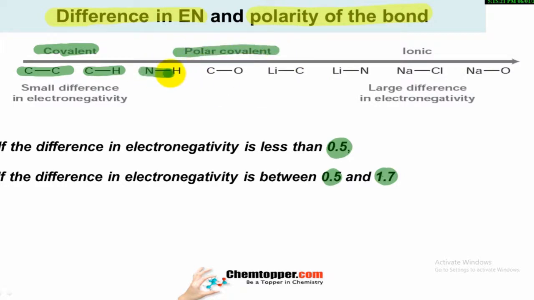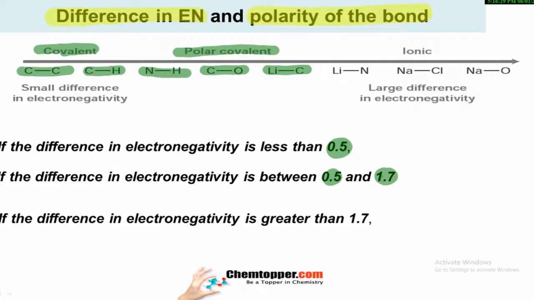Nitrogen-hydrogen and lithium-carbon bonds, all these chemical bonds are polar covalent bonds. The polarity increases with the increase in difference in electronegativity. If the difference is greater than 1.7, then the bond is ionic in nature. In ionic bonds, generally one is a metal and the other is a non-metal, and the difference in electronegativity is very large, more than 1.7.